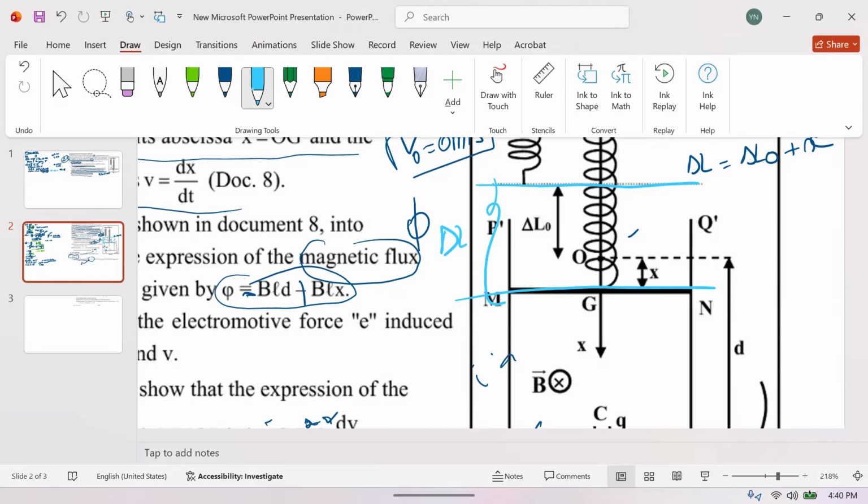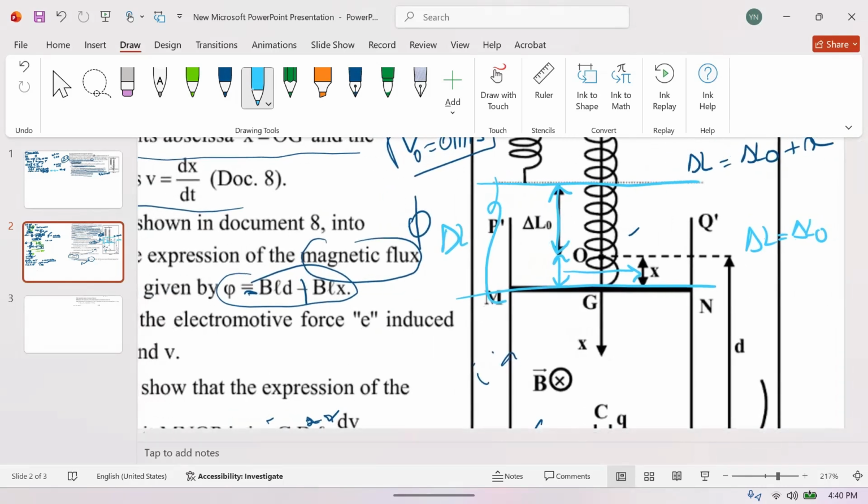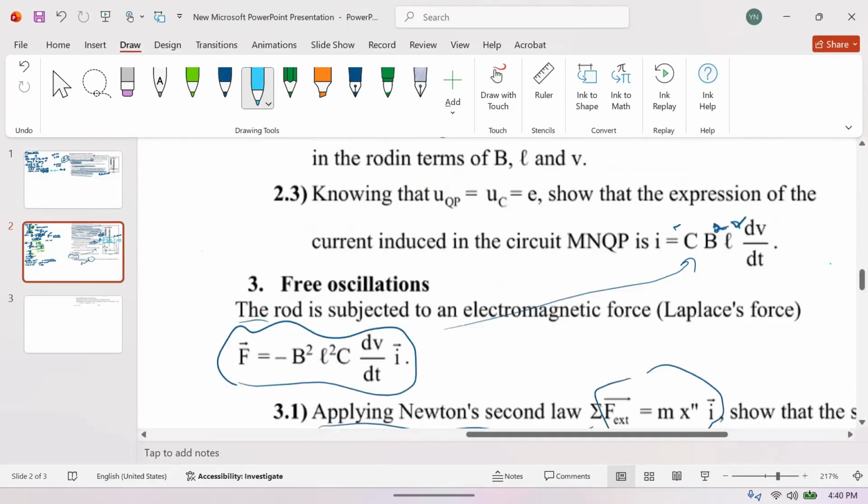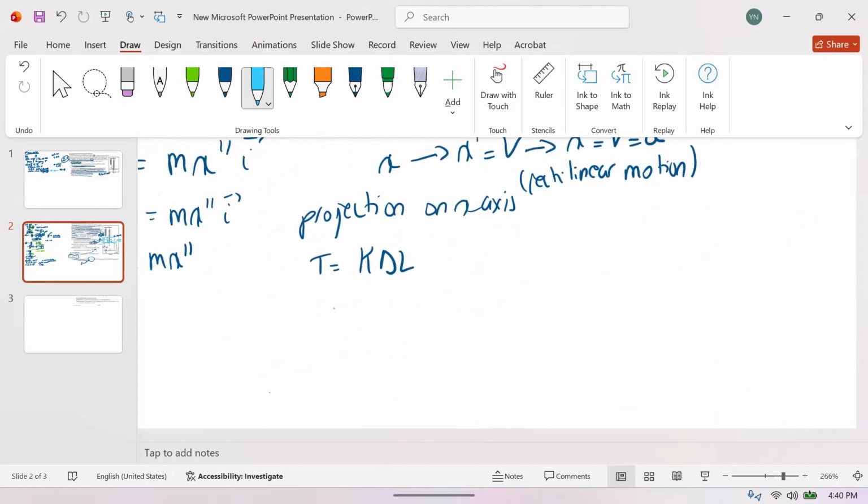So delta L is delta L0 that we had at the beginning, the elongation of the spring, plus a little bit of distance here that they called X. By pulling the spring down even more with an amount of X, delta L is delta L0 plus a small distance X. Okay, so here I have T equals K delta L. I can replace delta L by delta L0 plus X. Now this is that T.